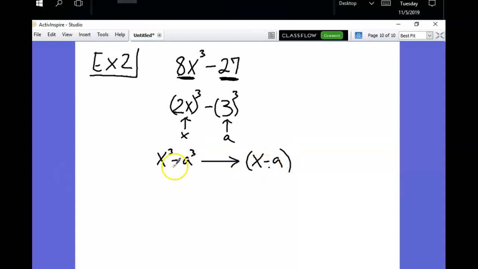The first sign matches the original sign. Then x squared plus ax. The next sign is the opposite of the original sign. And then plus a squared. That third sign is always plus. So everywhere I have an x, I'm going to put 2x, and everywhere I have an a, I'm going to put a 3.